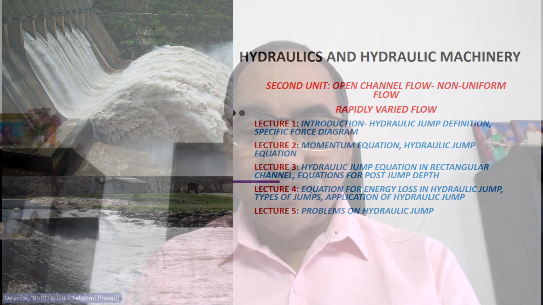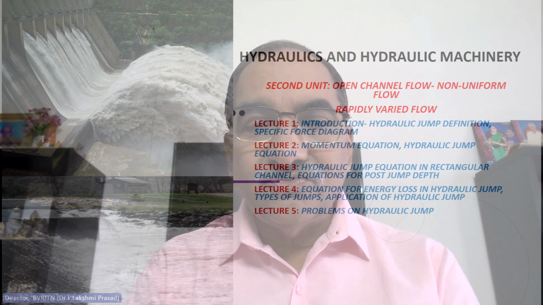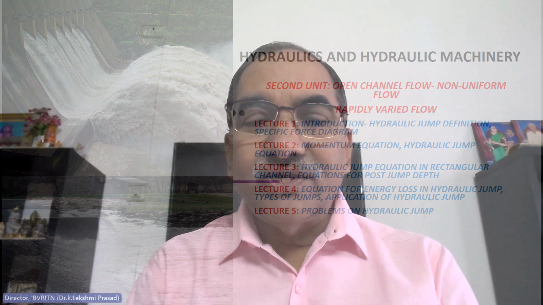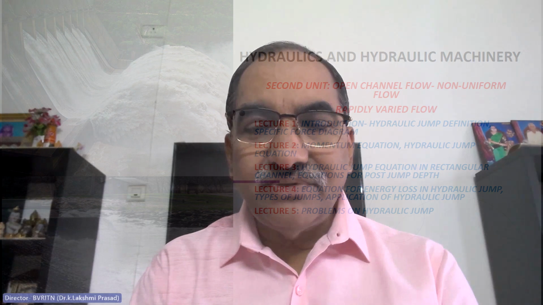In the second lecture, we confined ourselves to a rectangular channel, and derived the equation for hydraulic jump and the relation between the initial depth and sequent depth. The depth relation that we derived is in terms of the discharge per unit width, and also in terms of the Froude number of the incoming flow.